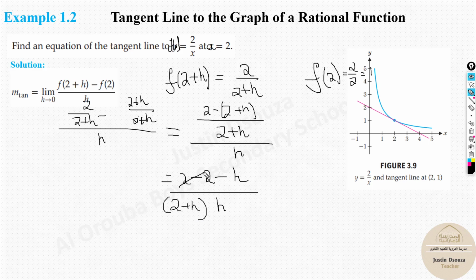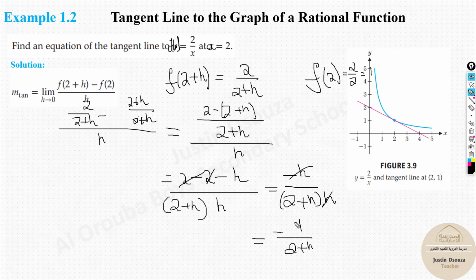Now you can cancel this out. Sorry, I'll write it as 2 plus h and over here as h. Why? Because I can easily cancel these two terms, right? It'll be minus 1 by 2 plus h.